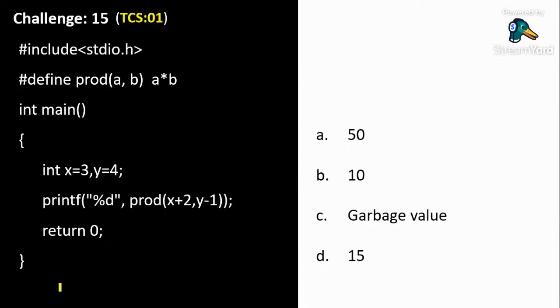Waiting for your answers. So prod e comma b is a into b.